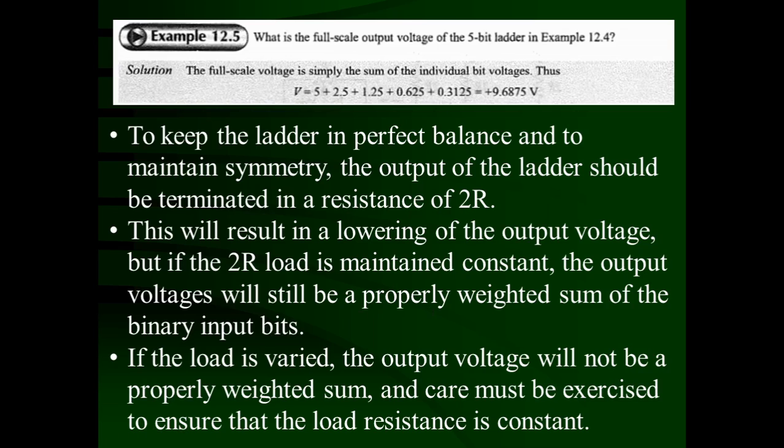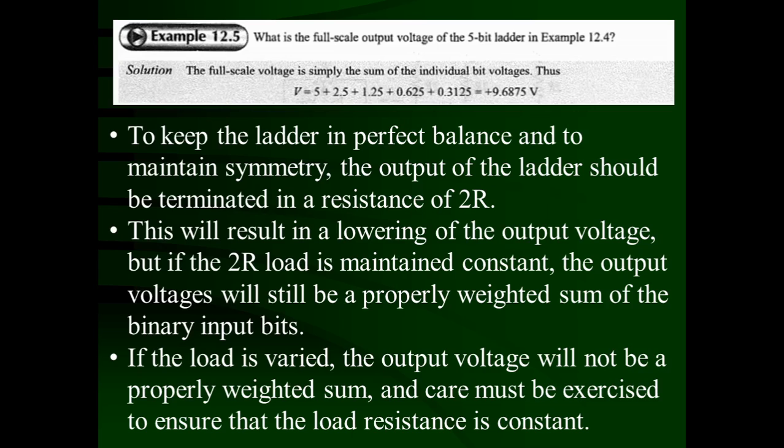So if this load resistance 2R is maintained constant, then the circuit will be perfectly balanced, and the input resistance seen by each digital input is going to be constant, and hence the output voltage contributed by each digit will be a properly weighted sum.